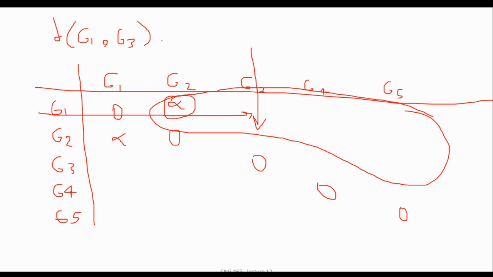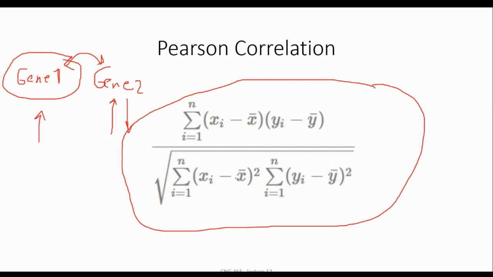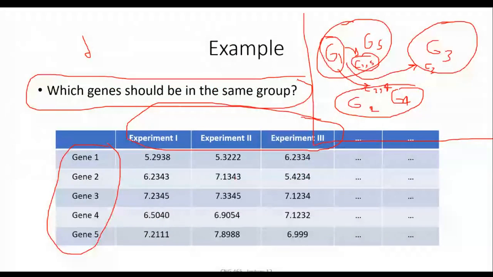But if we give you restrictions, like to say, you should use Manhattan distance measurement in order to find out your distance metrics, then we should find the absolute value between each one of them. So I talk about gene 1 and gene 3.